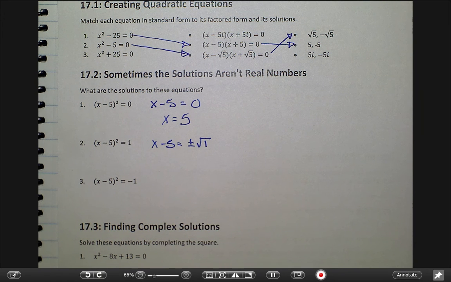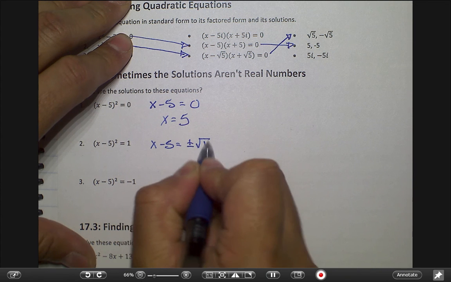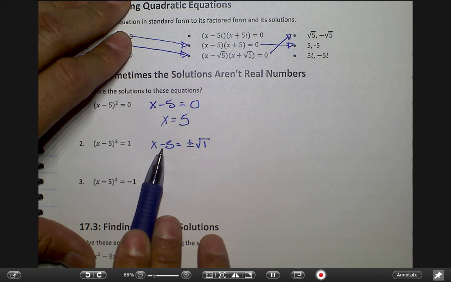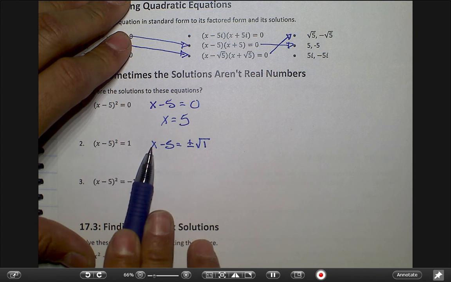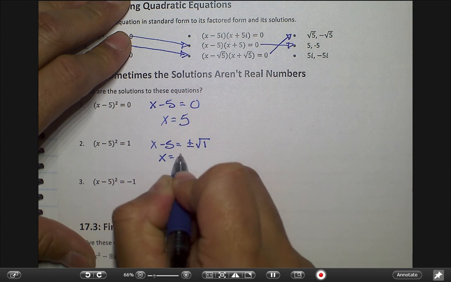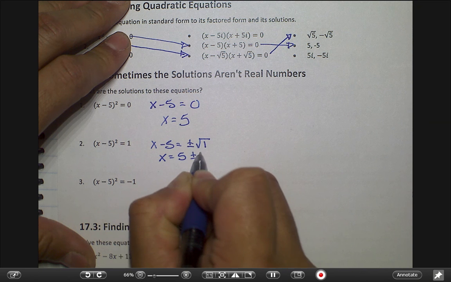Square root of 1, it's just 1, isn't it? So I know this is going to be a plus or minus 1. But what am I going to do to try and get my x by itself? Add 5. x equals 5 plus or minus 1.